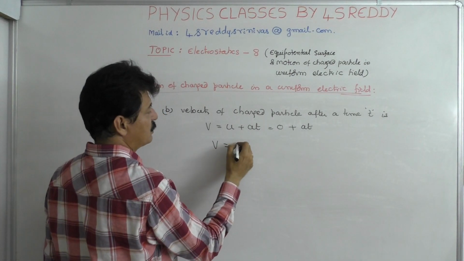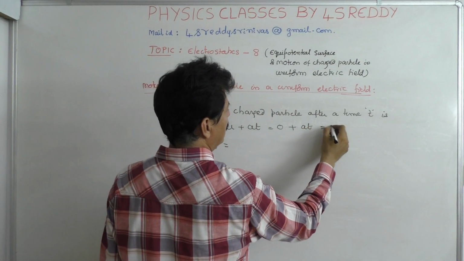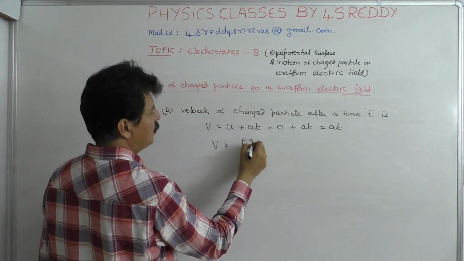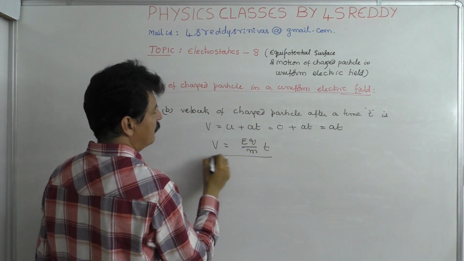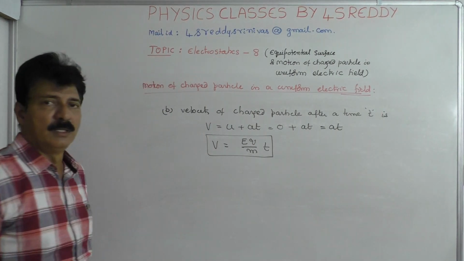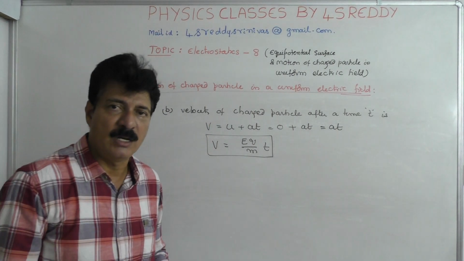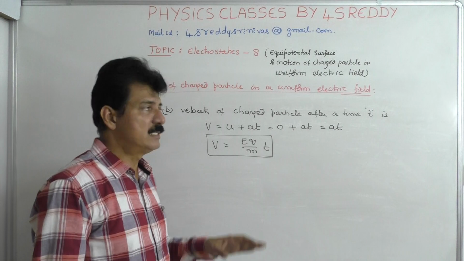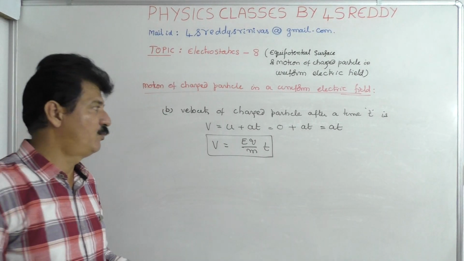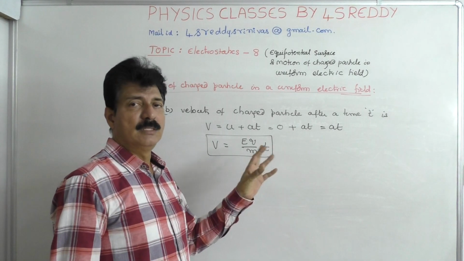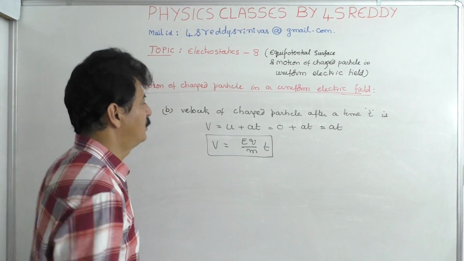Therefore, V is equal to, but what is AT? That is nothing but EQ by M into T. Once you have the acceleration, the velocity is given by EQ by M into T.